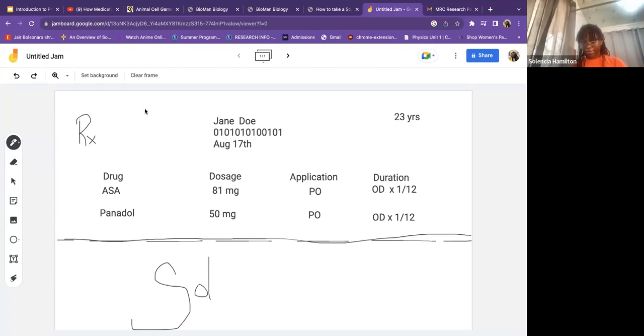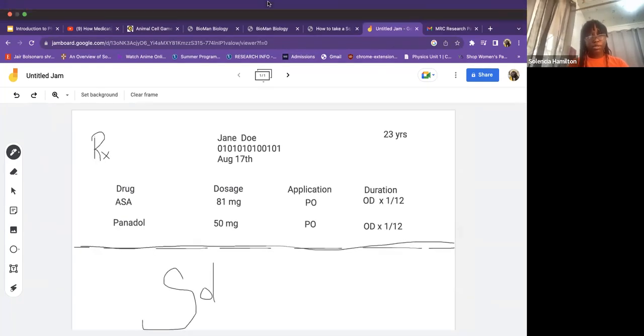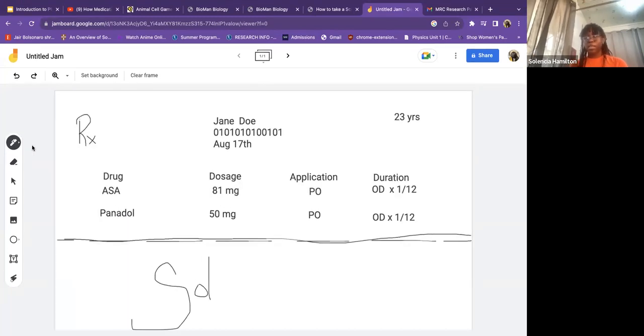Okay. You should have some idea of what you would prescribe, but I'm going to give you some information to help you out. So you prescribed her for the anemia, iron sulfate.